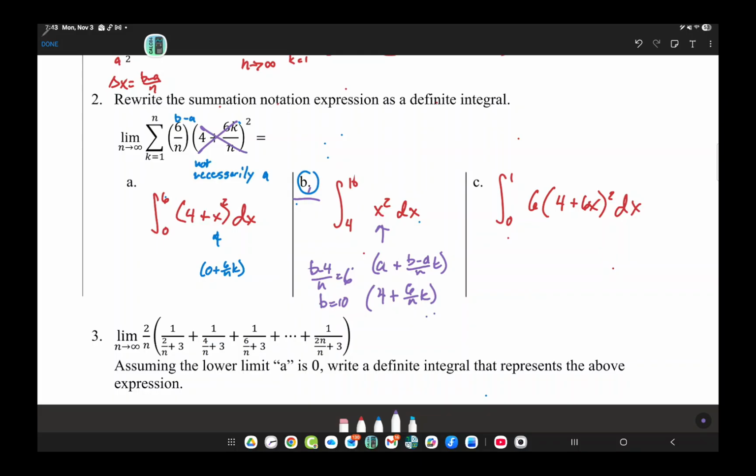Now, part C. Part C is a bit of a challenge. So we know, again, that x is equal to a plus b minus a over n. Okay? So what if the 6 was really just a coefficient?